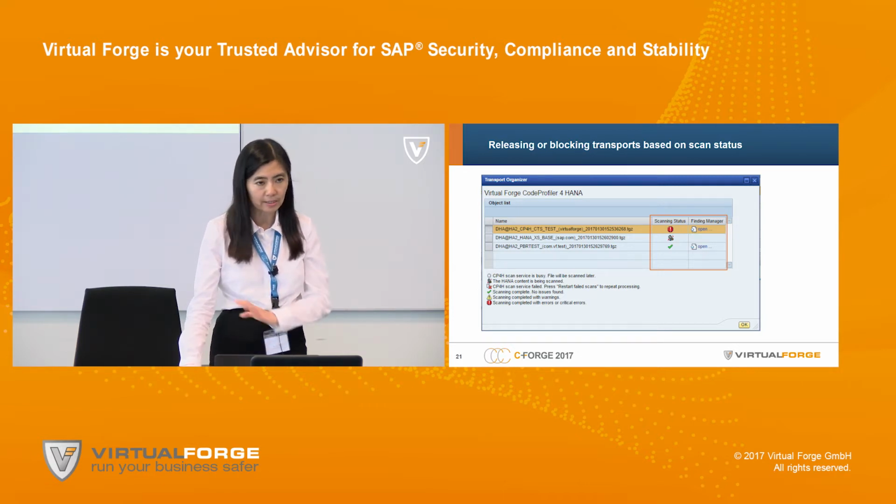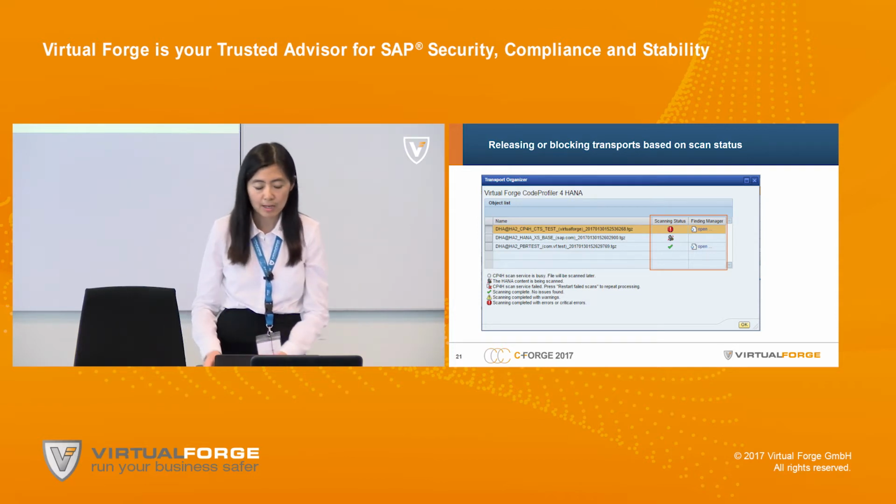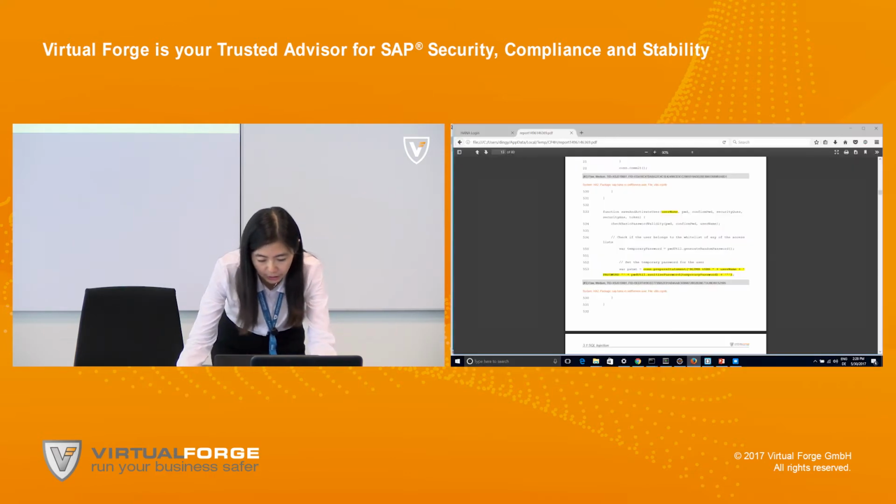Either it is okay, free of findings, or it has critical findings, or it is just being scanned. And you can also follow the link to go to the finding manager to see the details. So let me show you this in action.